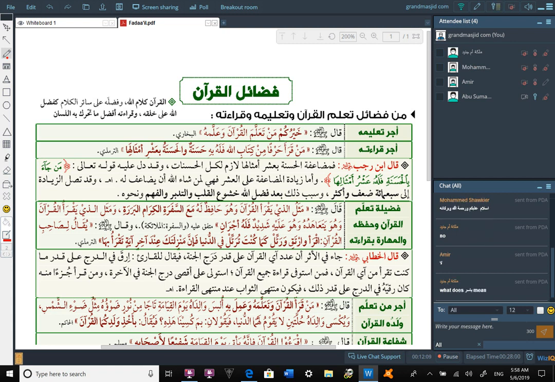This is going to take some juhd from us. Sa'ir, you typed it different, no problem. Sa'ir means the remaining or other than. Ala sa'ir al-kalam, meaning the other speech, other than the speech of Allah.